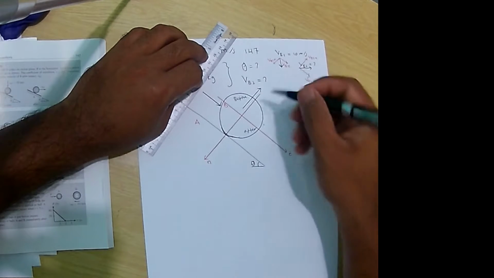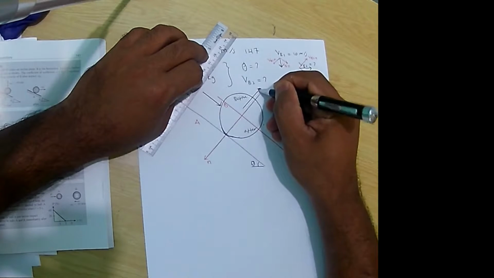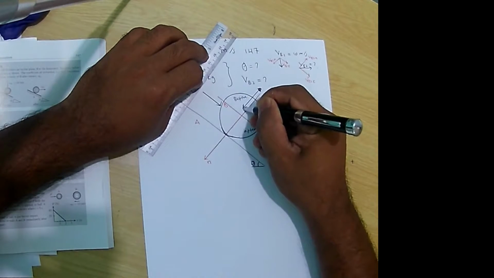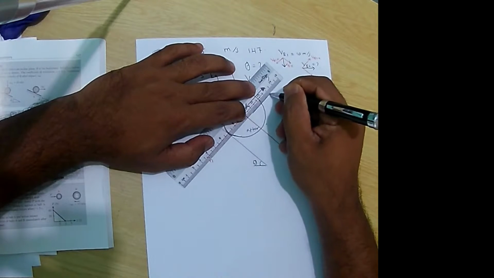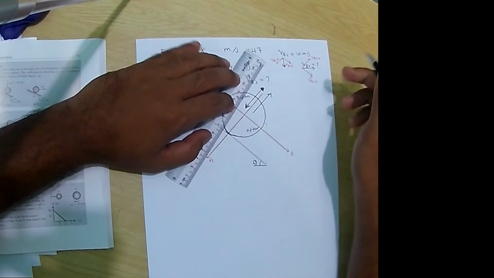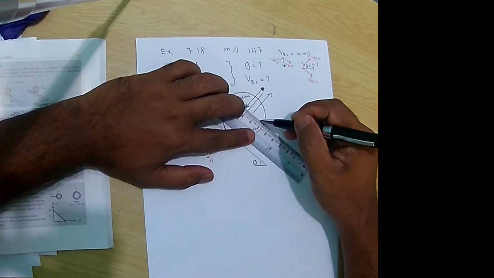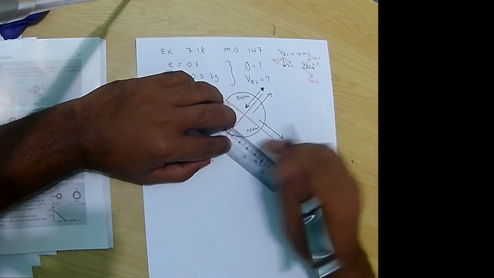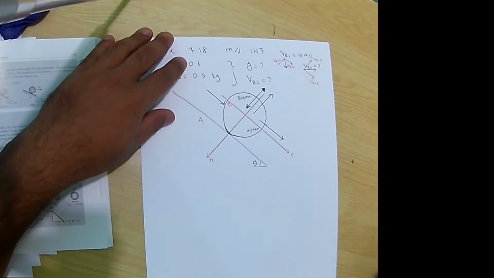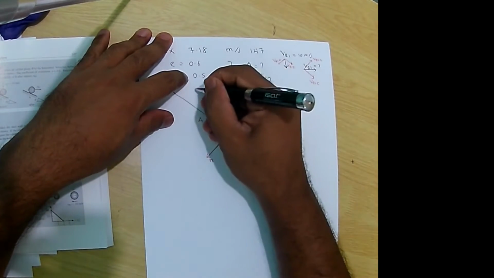This one is in the same direction as N. The other one is here, opposite direction, and this is this direction.